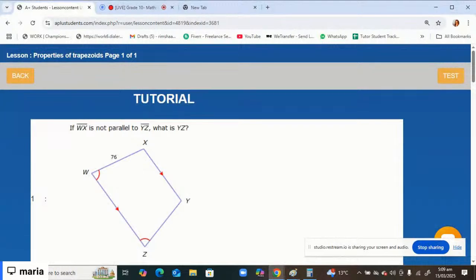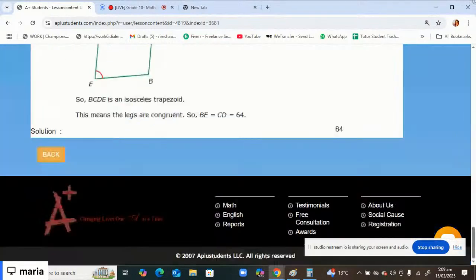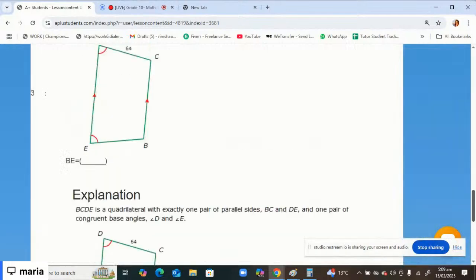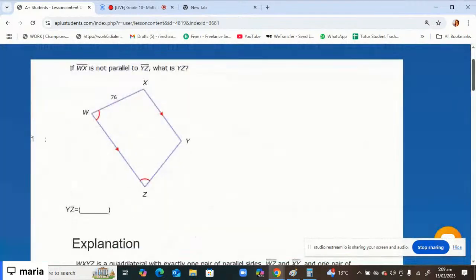So when it's not parallel, what is Y Z? Okay, let's check. If WX and YZ are not parallel, so what is the YZ here?